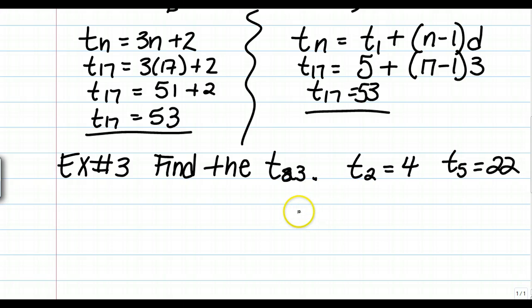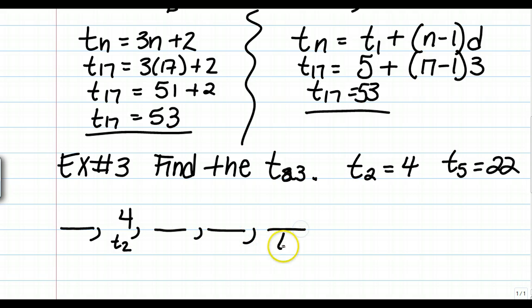So here's what we know. We know that we have something, 4, because this is our second term, third term, fourth term, fifth term, we know is 22, based on what we're given here.